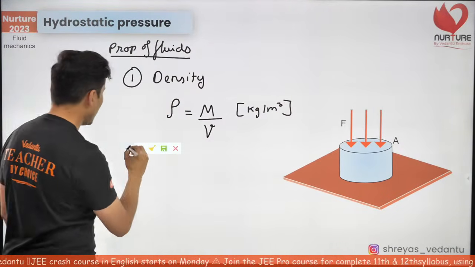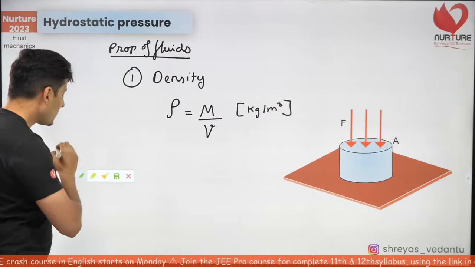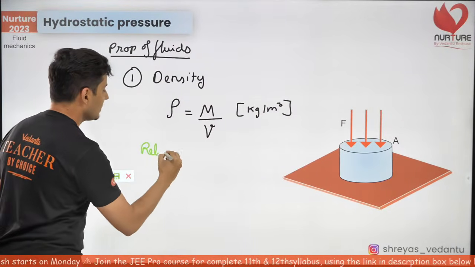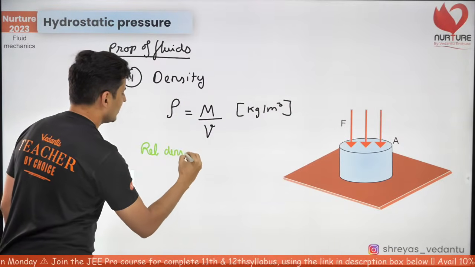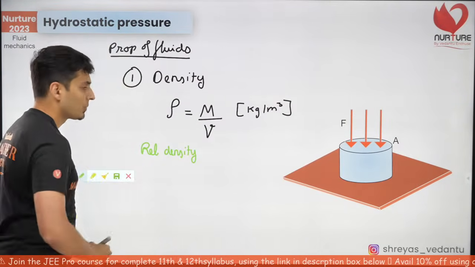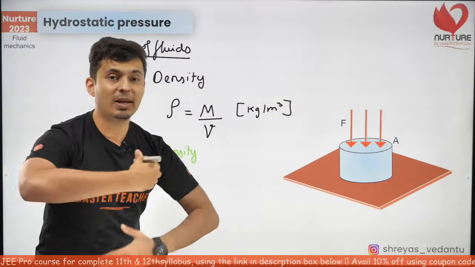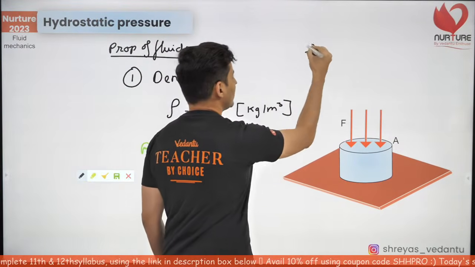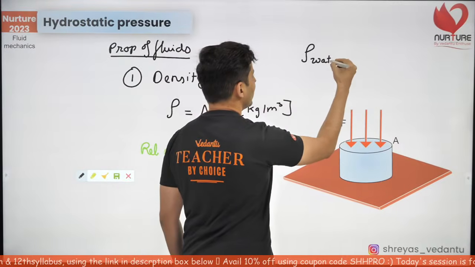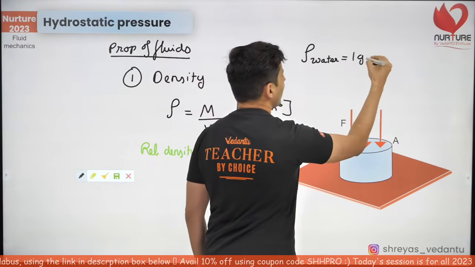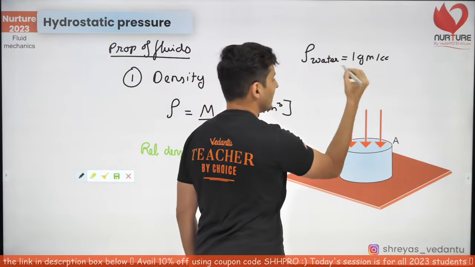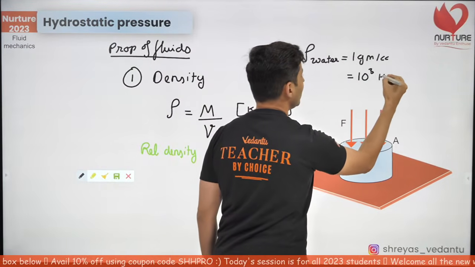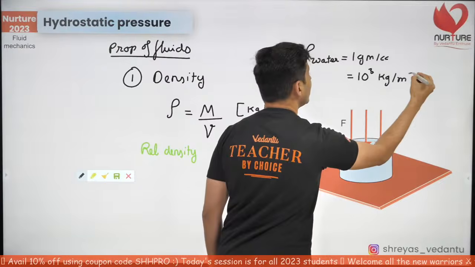Now, there is another way of writing density, that is relative density. Relative density is generally referred with respect to water. So, what is the density of water? The density of water is 1 gram per cc in CGS, but you can also write it as 10 to the power 3 kg per meter cube.